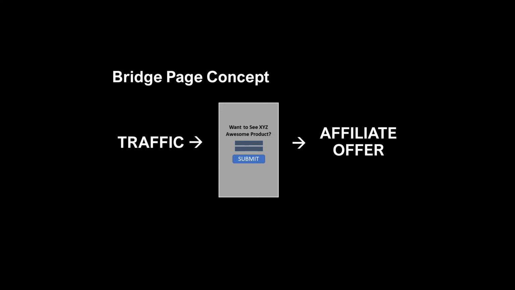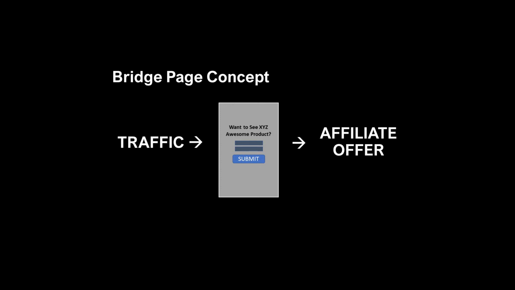So here's your traffic. Let's say it's from paid ads or YouTube videos or whatever. And over here is the affiliate offer that you've chosen to promote and that you have an affiliate link for. And rather than sending your traffic directly to that link and to that offer, you stick this page in the middle. This is the page that you send your traffic to.